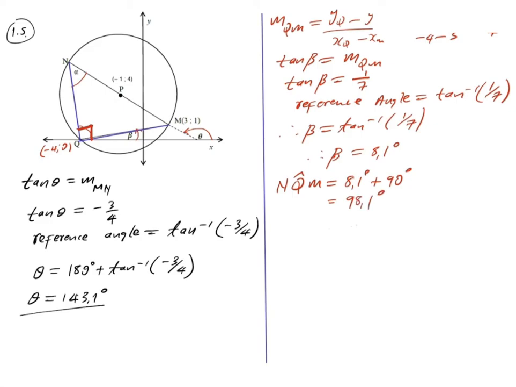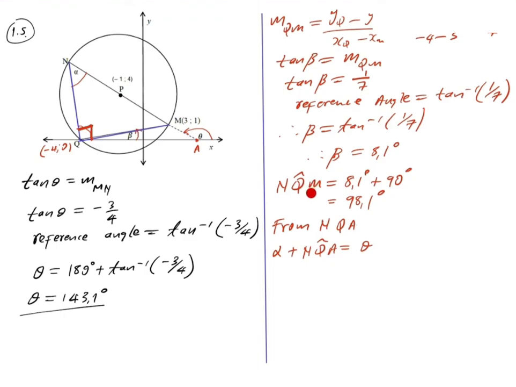So now, if you look at from triangle NQ, let me introduce a point here. Let me call it A. From triangle NQA, we can say that alpha plus NQA is equal to theta.